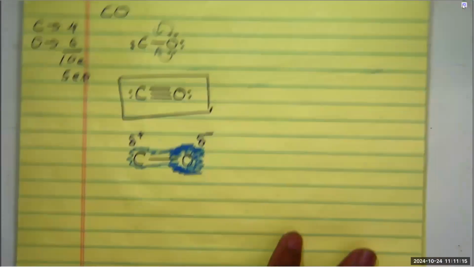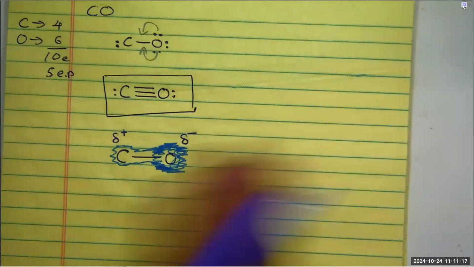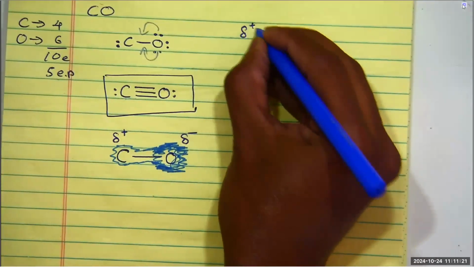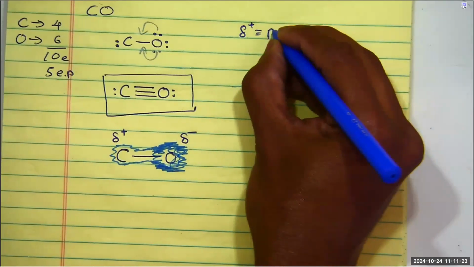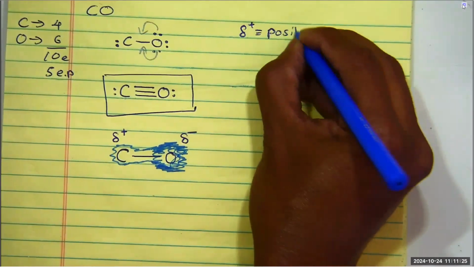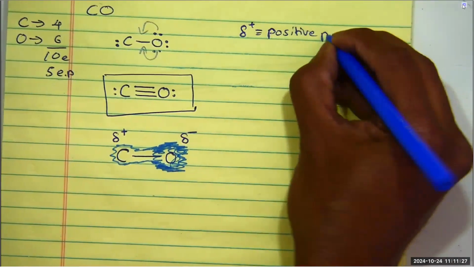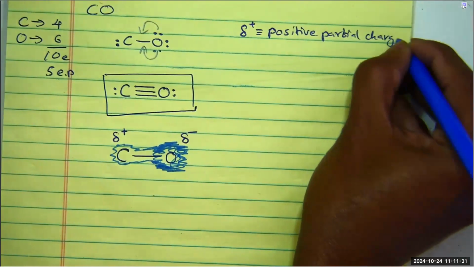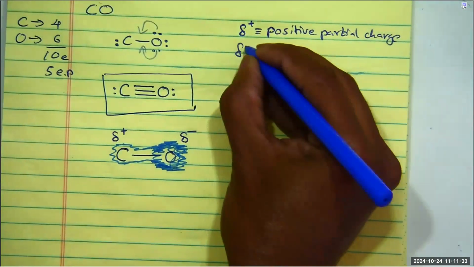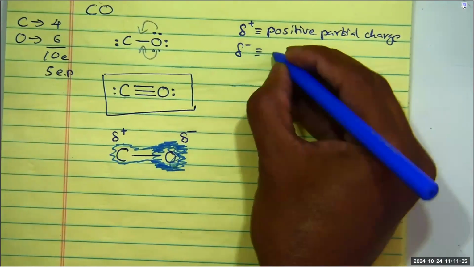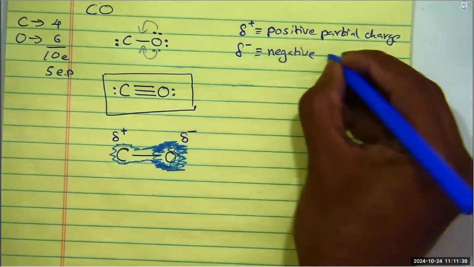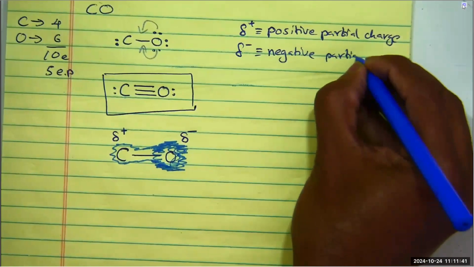Now I'm going to define, just to make sure that everybody's on the same page. When I say delta positive, this means positive partial charge. Okay. When I say delta negative, this means negative partial charge.